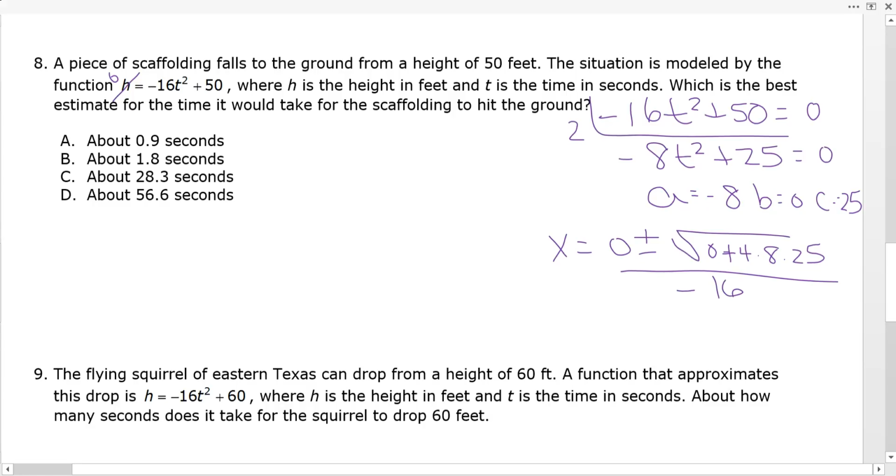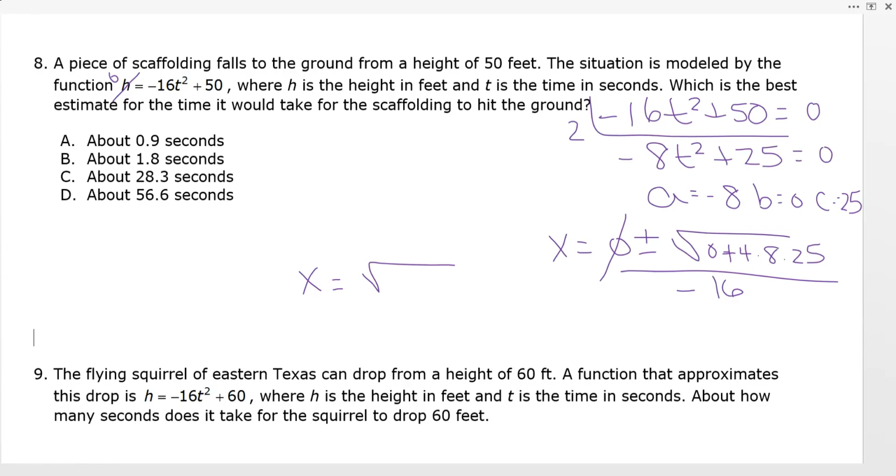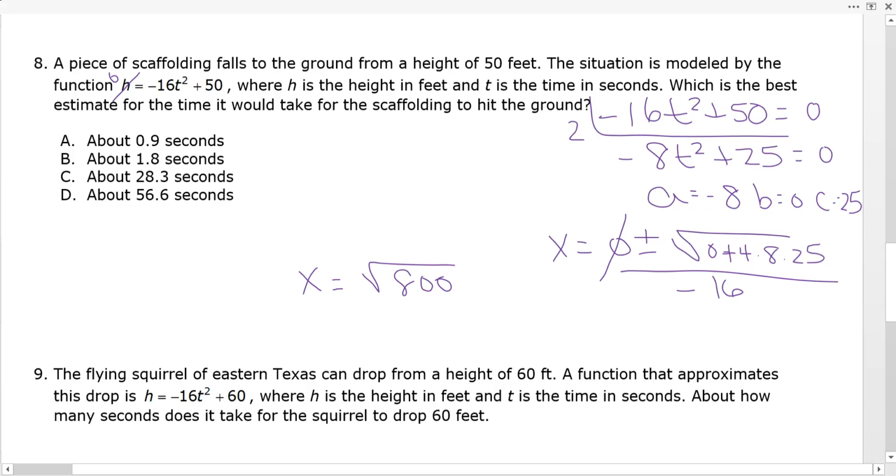So I don't need to worry about my 0. I end up with x equals the square root of 4 times 8 times 25. 4 times 25 is 100, so it's 800, divided by -16. Oops, but it's plus or minus.